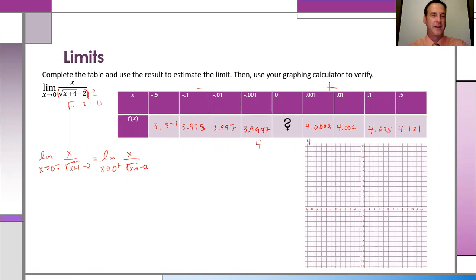So I would say that the limit from the left side is equal to the limit from the right side, okay, the more positive direction. And what that would mean is that this limit as x goes to 0 of x over the square root of x plus 4 minus 2 does equal some number.